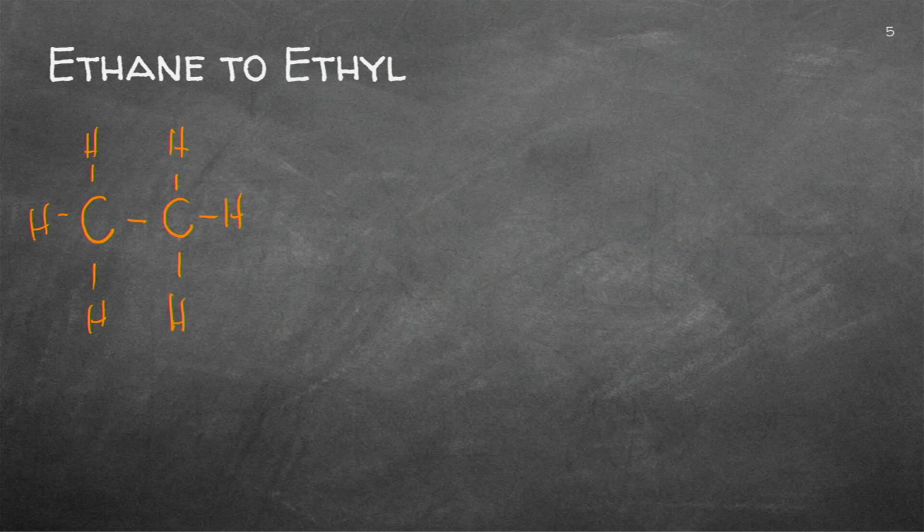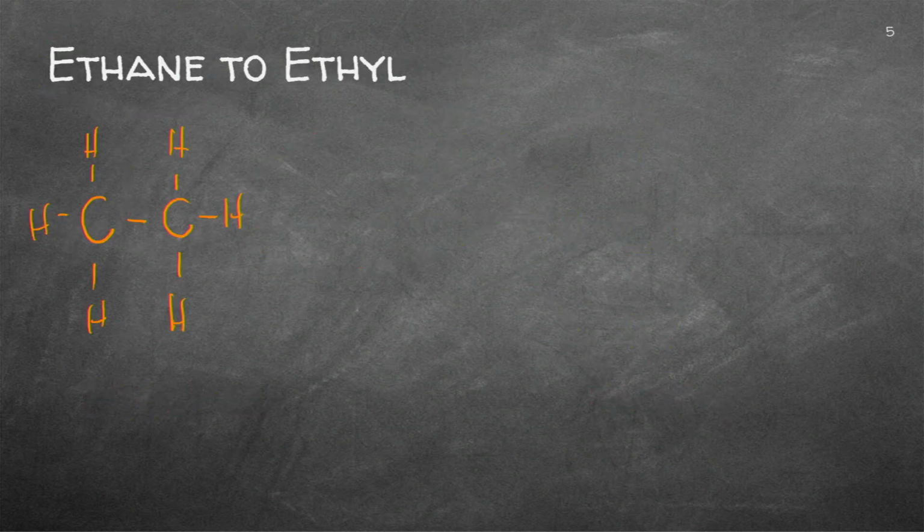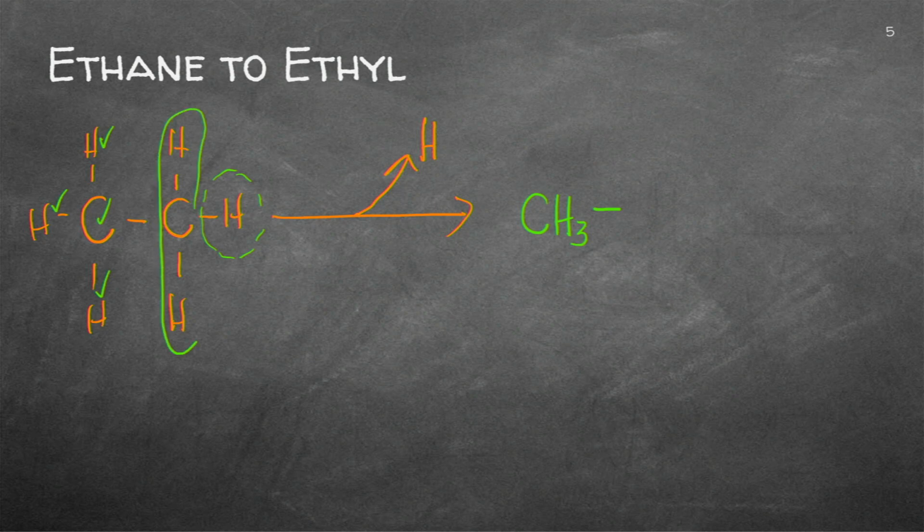And can you remember what we did just now? We said the methane loses a hydrogen. So let's say if the ethane loses a hydrogen, can you see what will remain if, for instance, this one is lost? It will be CH3, one there, and this CH2 and a vacant electron.